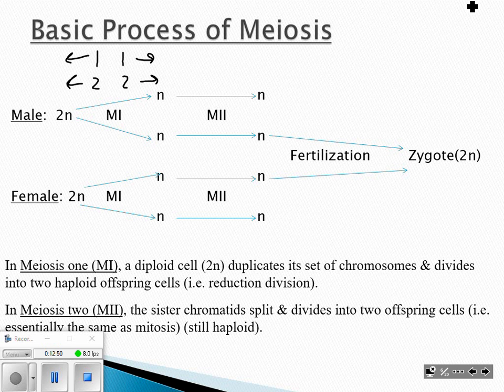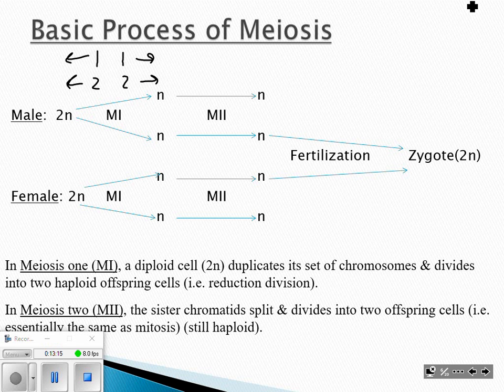So rather than having 2 copies of chromosome 1 and 2 copies of chromosome 2, you're just going to have 1 copy of each of those. Does that make sense? And those are going to be a random mix of the chromosomes that came from your mother and father. But you're going to have 1 copy of 1, 1 copy of 2, 1 copy of chromosome 3, 1 copy of chromosome 4, 1 copy of chromosome 5, all the way down to chromosome 23.